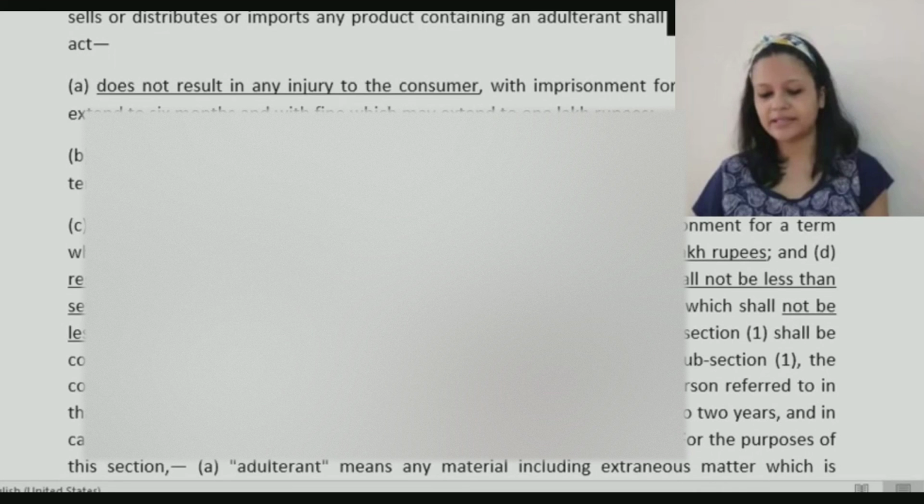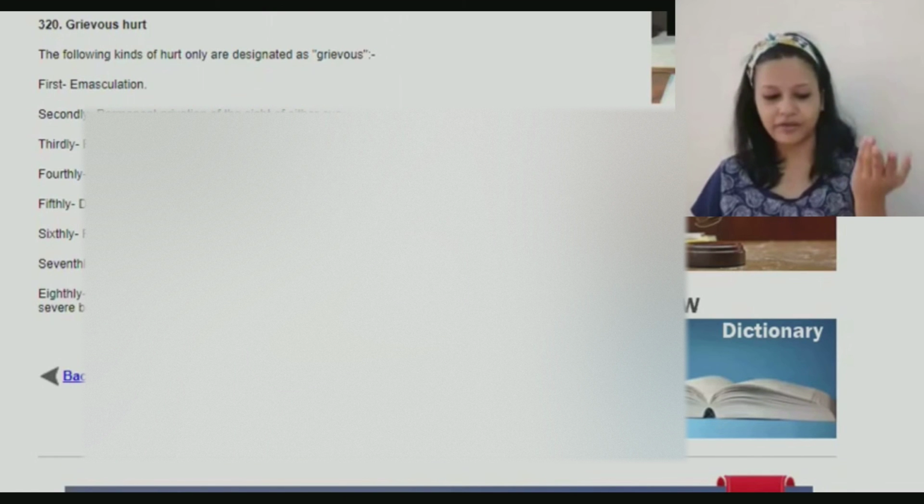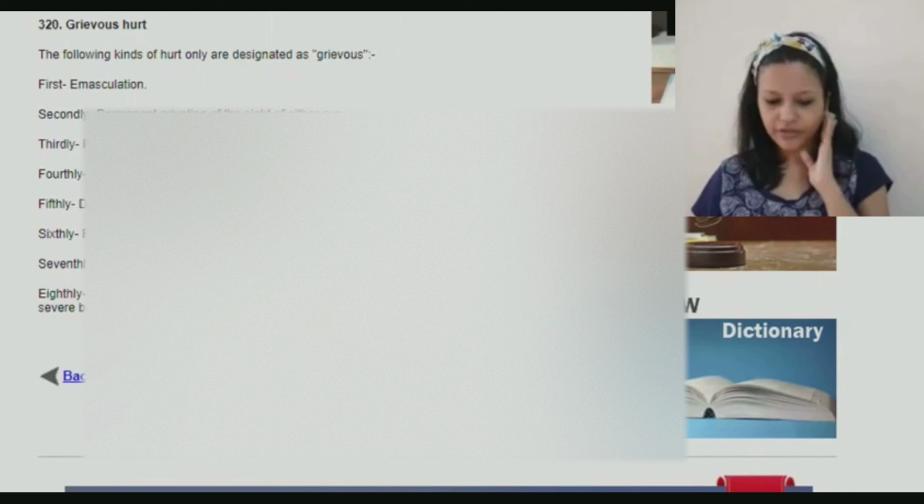Third one is grievous hurt. So what is grievous hurt? That again we get in IPC section 320. Okay, emasculation, permanent privation of sight of either of the eyes. Permanently it's gone, eyesight. Either of the ear, it's gone. Any body part has been gone, right? Permanent disfiguring of hair or face.